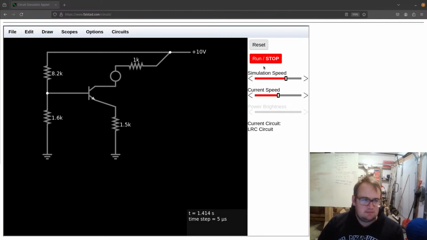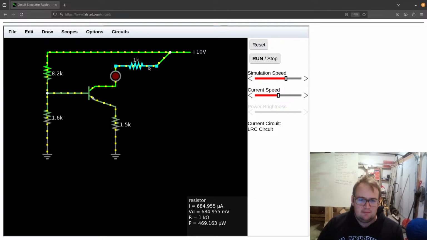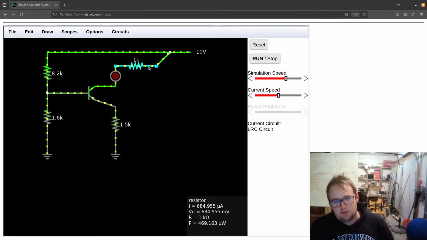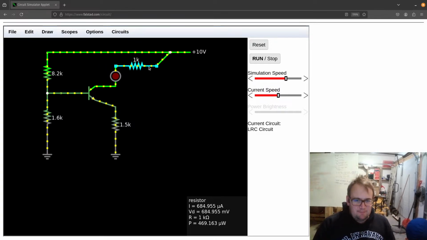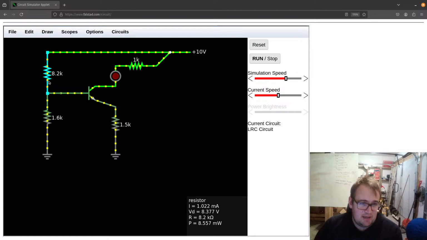Let's try it out here. So we got, well, a little bit less, 684 microamps, which happens to be 0.68 milliamps. And here we have 1 milliamp almost.